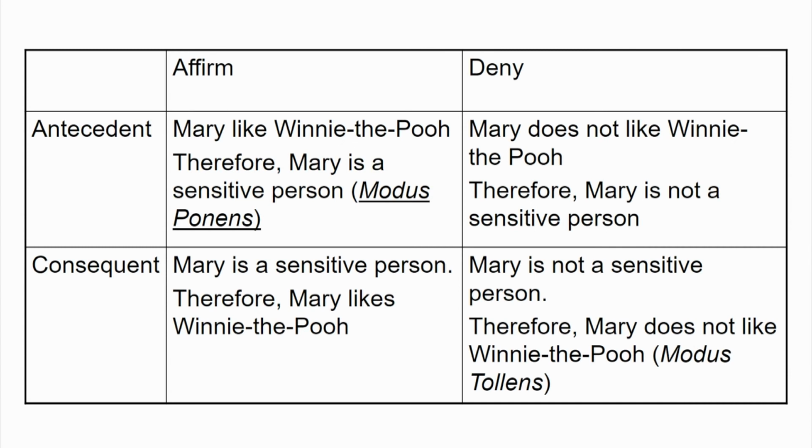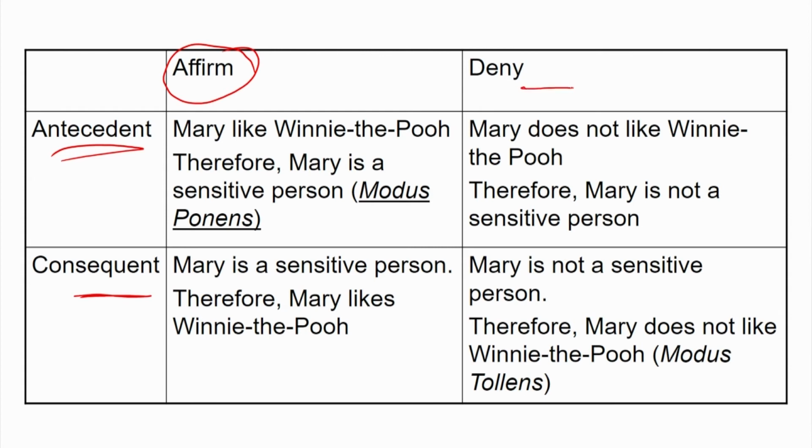My second premise is about what Mary does: Mary is either a sensitive person or likes Winnie the Pooh. Both of these can be put into four scenarios. The first is affirming the antecedent, then affirming the consequent, denying the antecedent, and denying the consequent. This is in terms of a truth table, but since this is not a logic class, I am not bringing in that logic. These are the four conclusions which can be drawn from it.